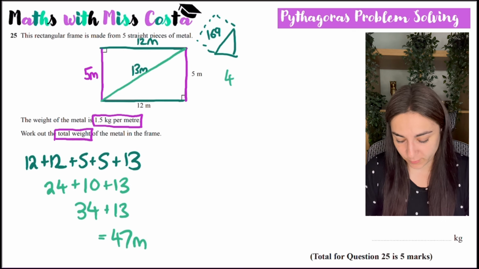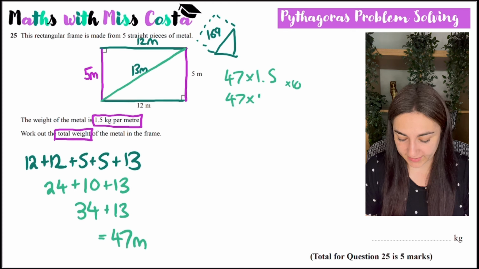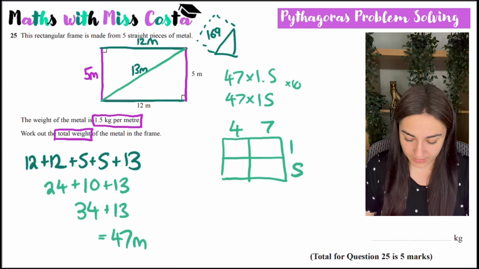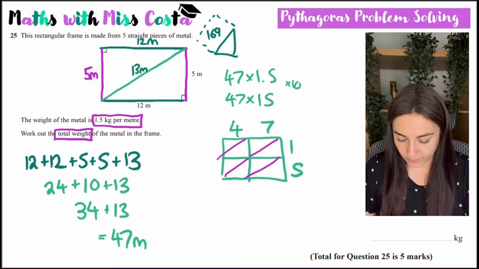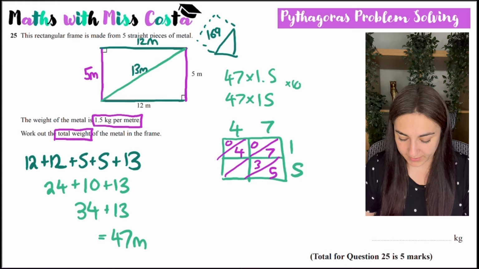So we've got 47 times 1.5. I'm going to times that calculation by 10 to become 47 times 15. I'm going to use the lattice method. So 47 times 15. 7 times 1 is 0, 7. 7 times 5 is 35. 4 times 1 is 0, 4.